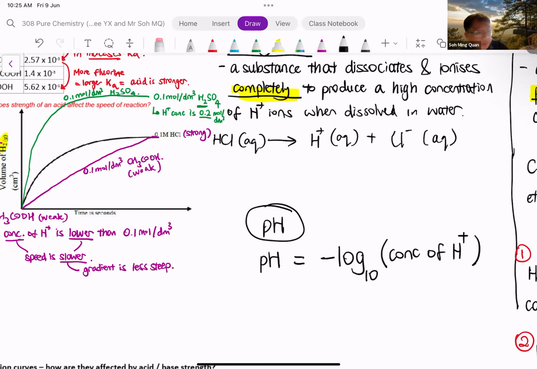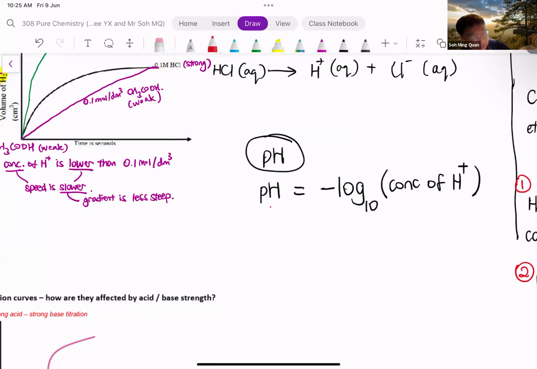Now you realize that pH only measures one thing, which is the concentration of H plus. It doesn't have any other terms in the formula. It doesn't have the concentration of the undissociated acid. It is just the concentration of H plus.